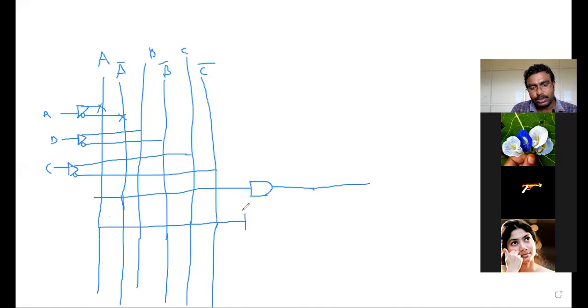This is how you need to start, students. When you're designing the programmable AND array, take 3 lines with 3 AND gates. Then take one more line, since we have one more product term, and it is also connected to an AND gate, a single input AND gate.